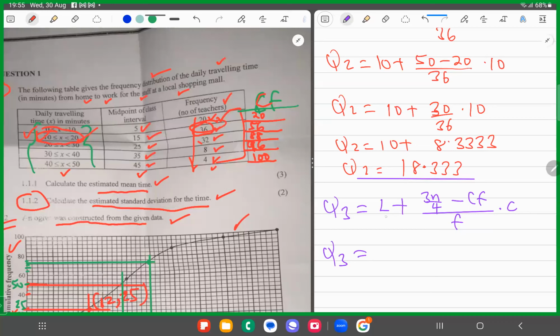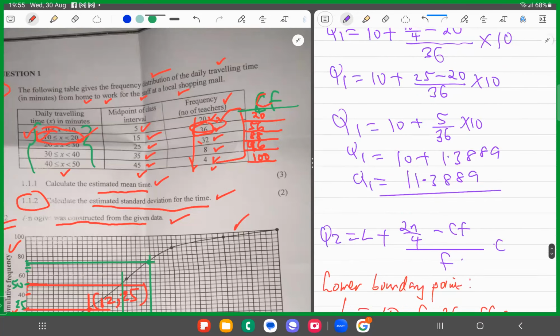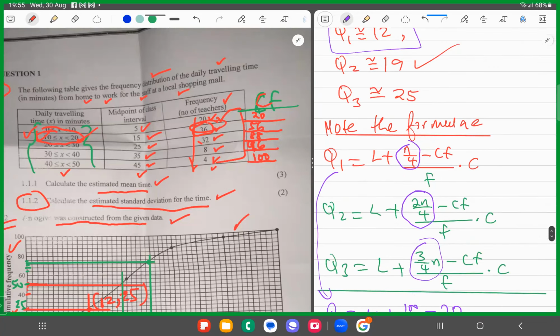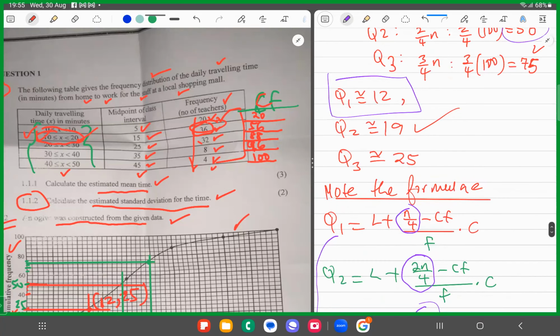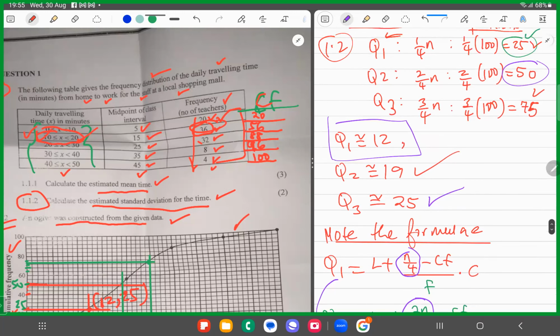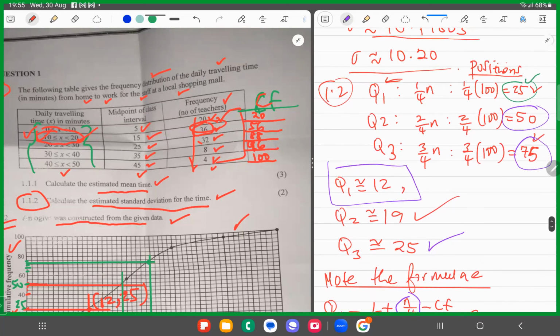So now we said that Q3 is, what is the position of Q3? Right, let's just check the position. We did it together. What is the position? Okay, it's 25. Q3 is position, oh no, it's position 75. Position 75, frequency-wise.